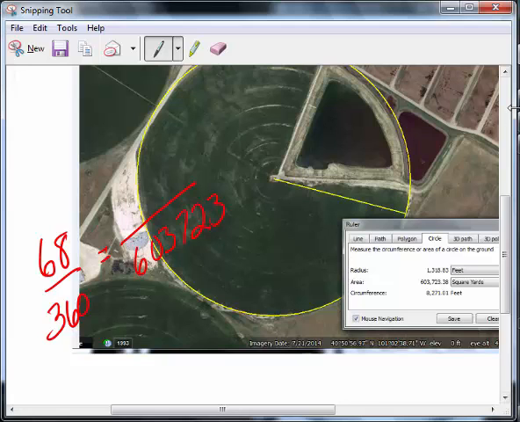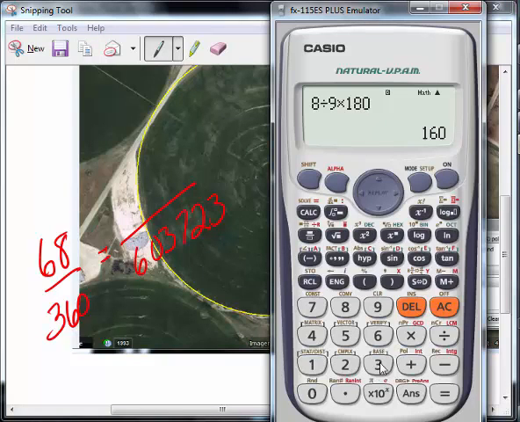So on our calculator, we could just take 68 times 603,723 divided by 360, and we get 114,000 square yards.